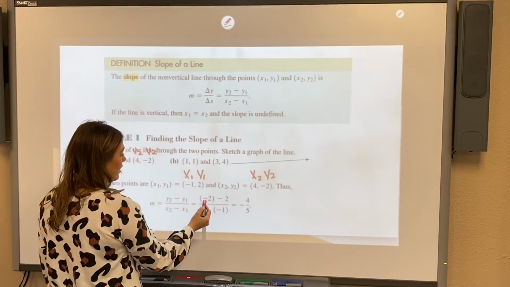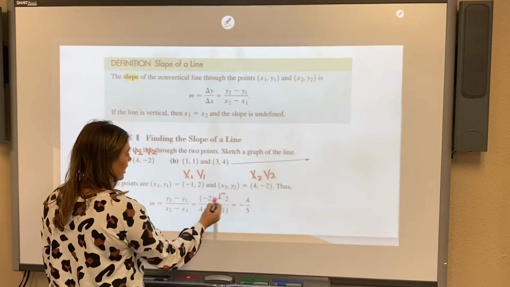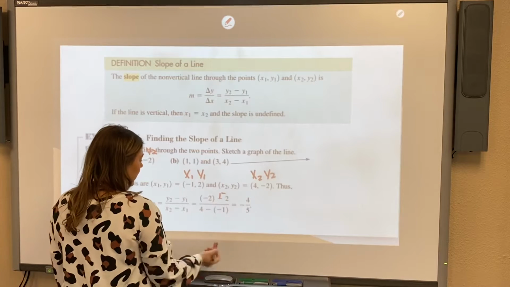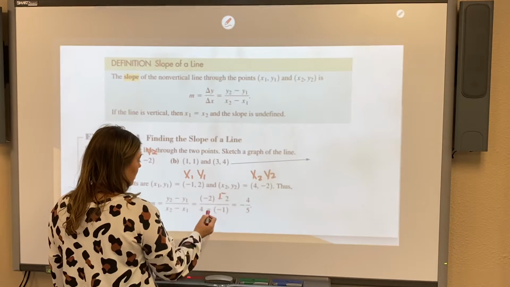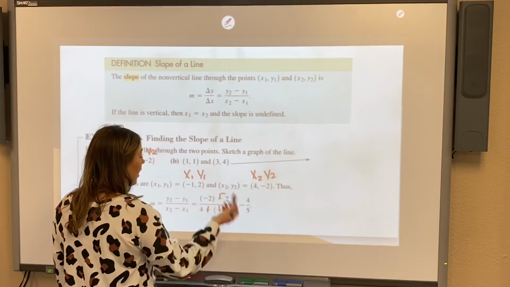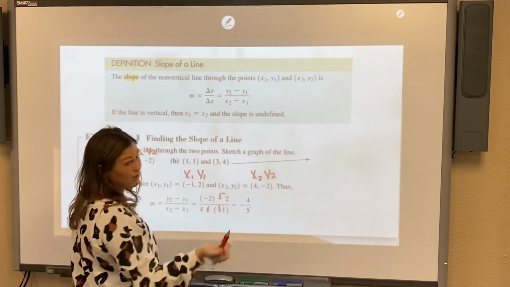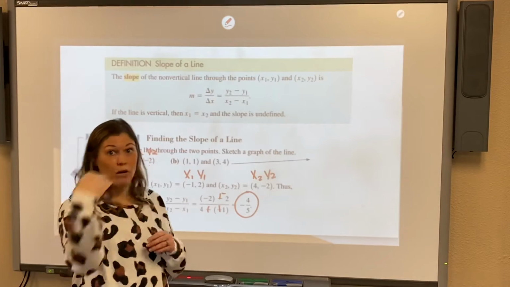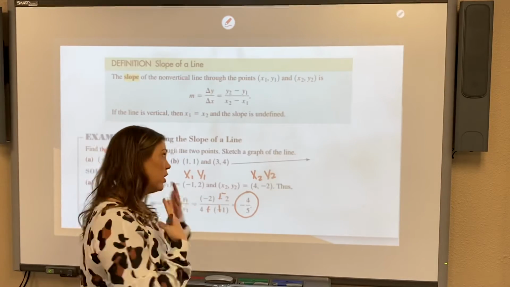Negative 2 minus 2, keep change, would be a negative 4, and then 4 minus a negative 1, keep change, that would be a 5. So you have negative 4 over 5, which is just negative 4/5. So this would be your change: rise over run, down 4 over 5. Okay, so that is your slope.